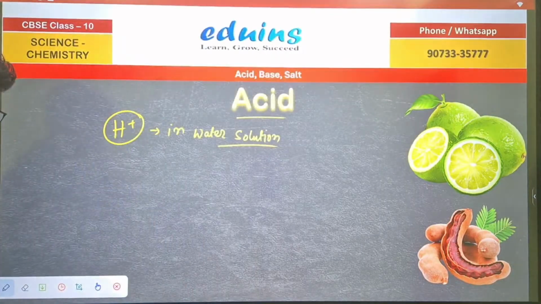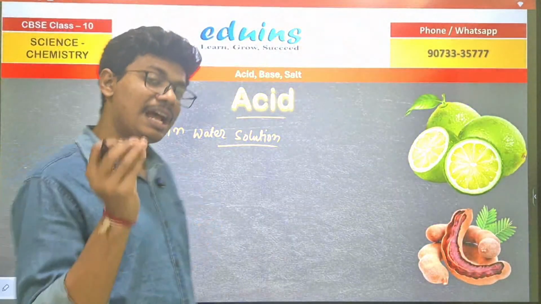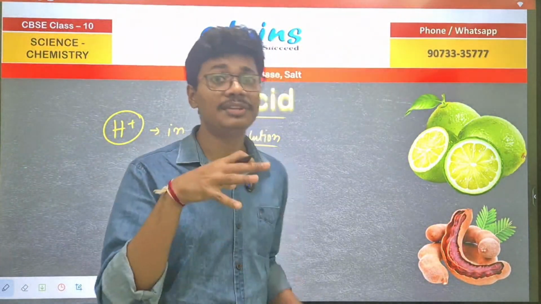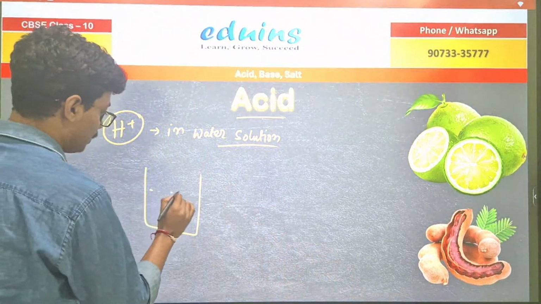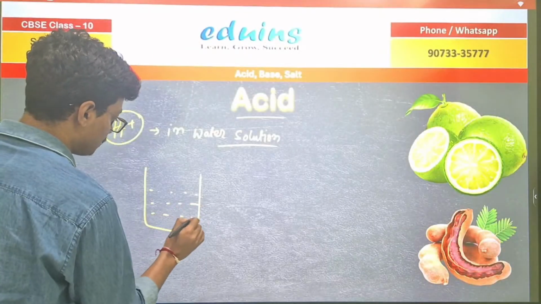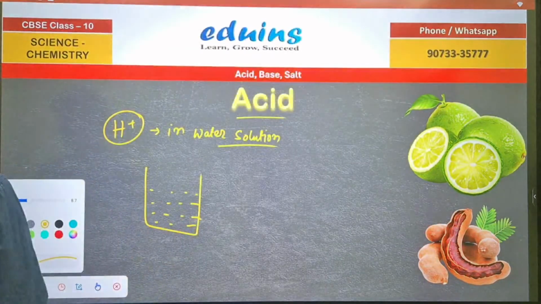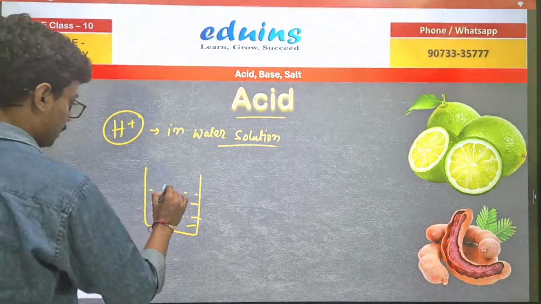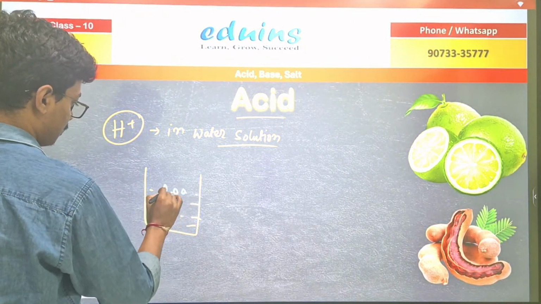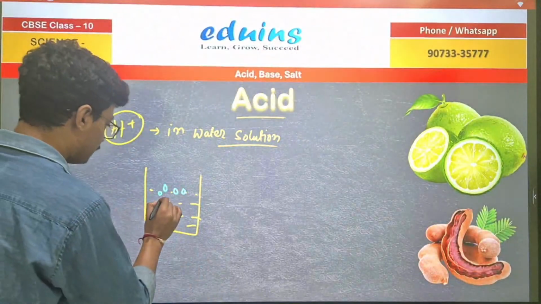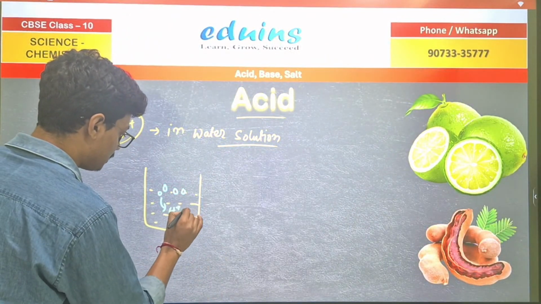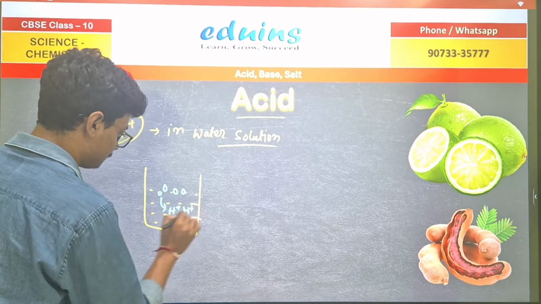Like when an acid is dissolved in water, suppose this is the water, and if we add some drops of acid, it will release the H plus ions.